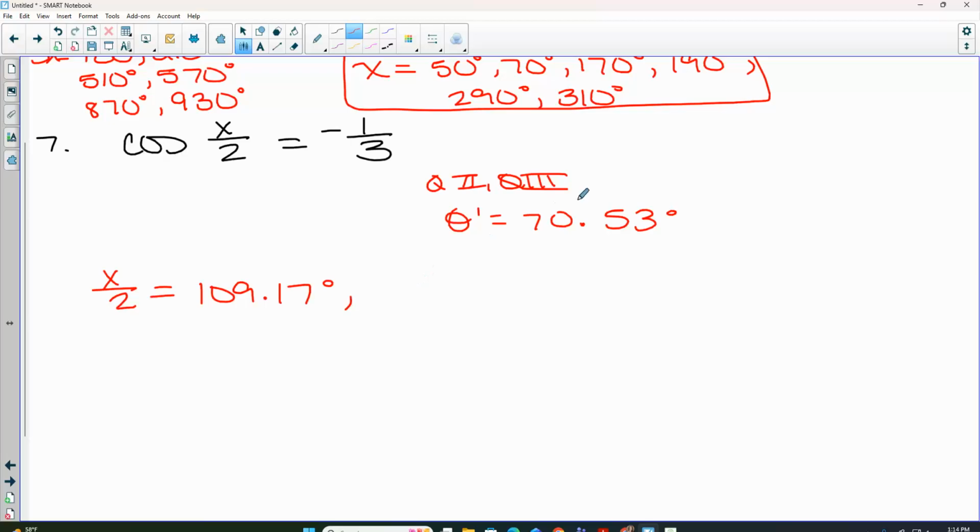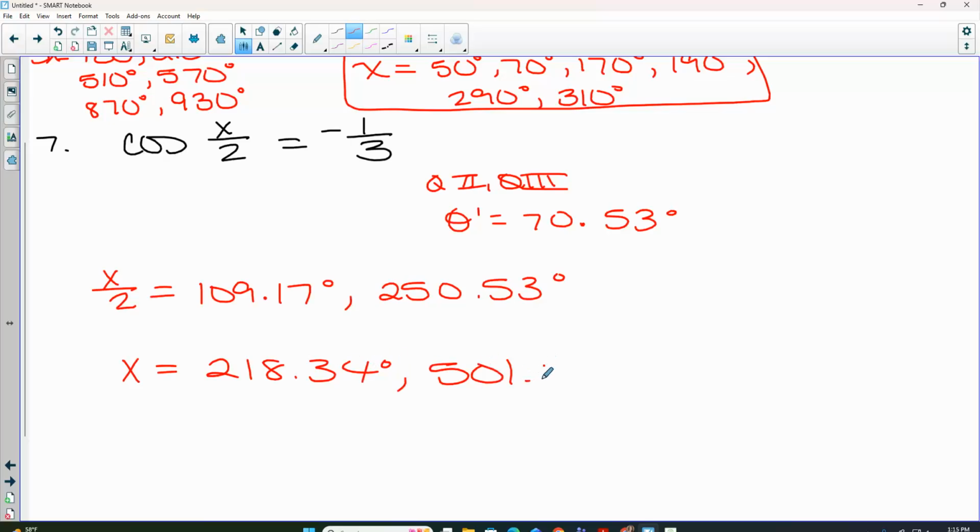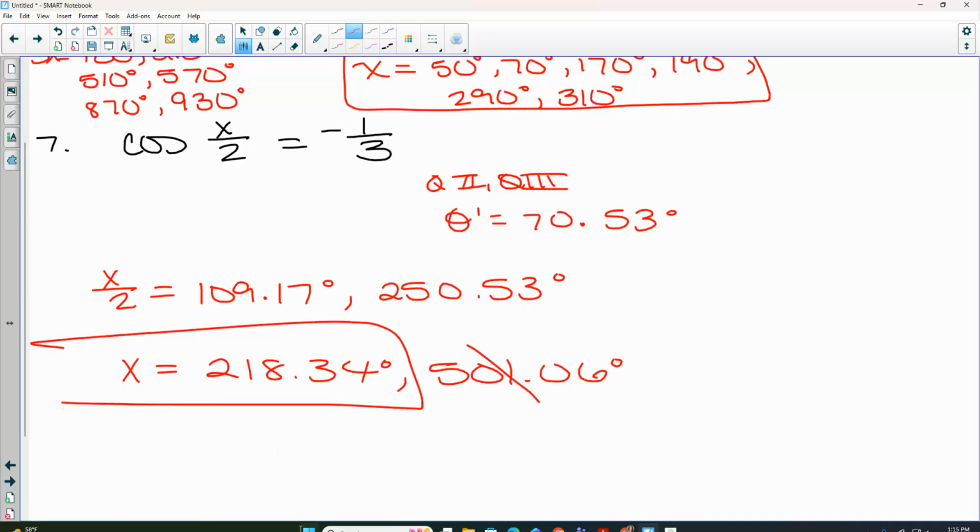In quadrant 3, we do 180 plus that. And then to get x, multiply by 2. Now, both of these are solutions, but my directions did say to give the solutions between 0 and 360 degrees. So we don't have to include the second one. The first one's the only one in the interval I want.